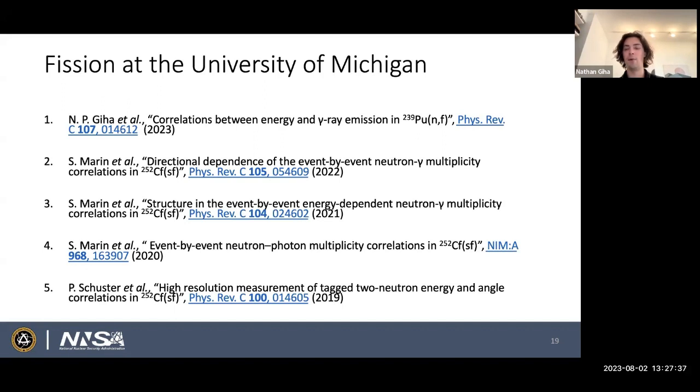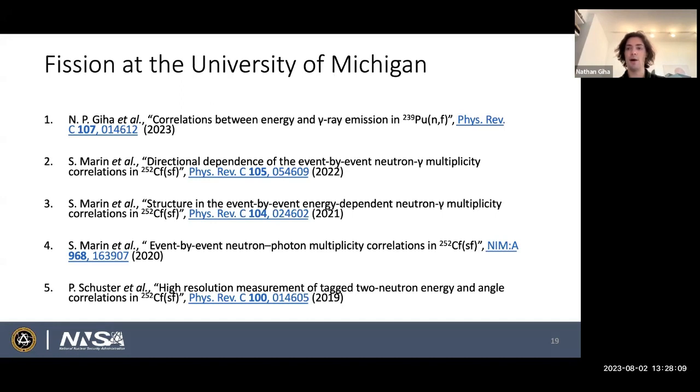Regarding gamma rays and their correlations and how they could be used, I'll give an example for non-proliferation. If we can better understand the initial conditions of fragments through measurements of gamma rays, especially, we're making a lot of progress in that these days in the field.